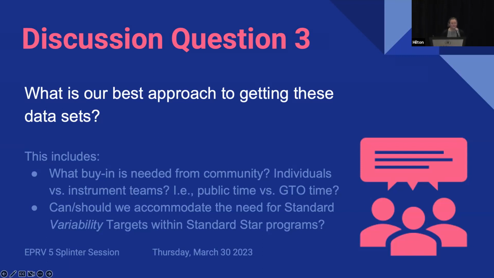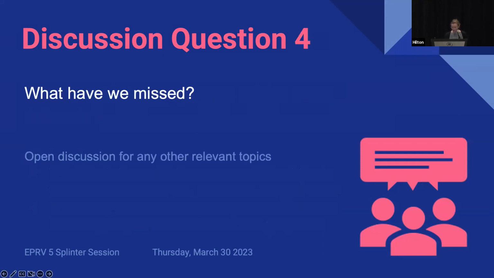All righty, ladies and gentlemen, we are now on to our fourth and final question for the session, which is, what have we missed? So we've given you some prompting questions to try and think of things, but if there's something that you think is relevant to this discussion that hasn't been covered yet, this is your chance to write that down and also maybe revisit something else that's been discussed.